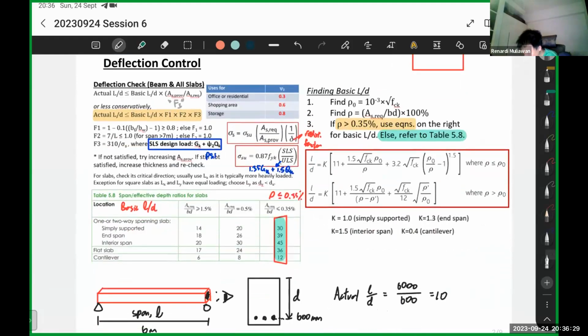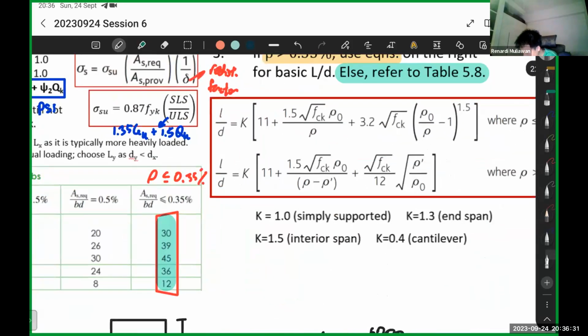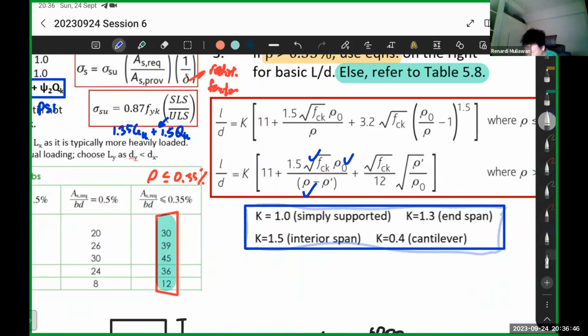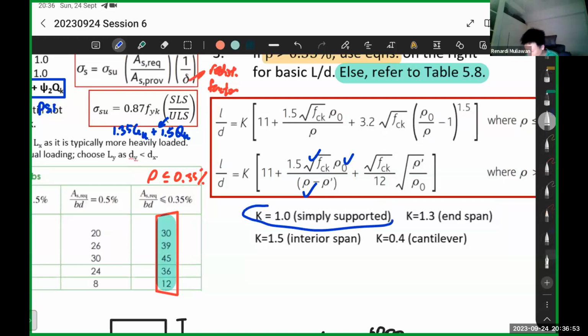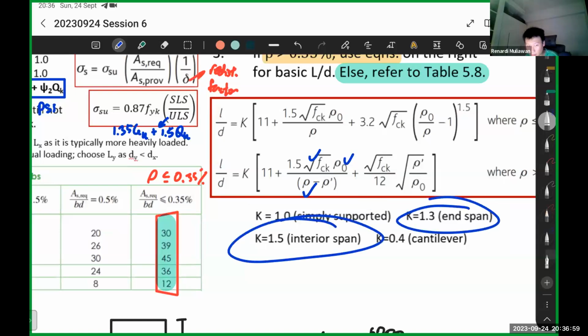We know rho, we know rho 0, and we know FCK also. So what's K and what's rho prime? K is basically a coefficient based on the support. If it's simply supported, K is 1. For continuous beams, it depends whether it's an end span or interior span.